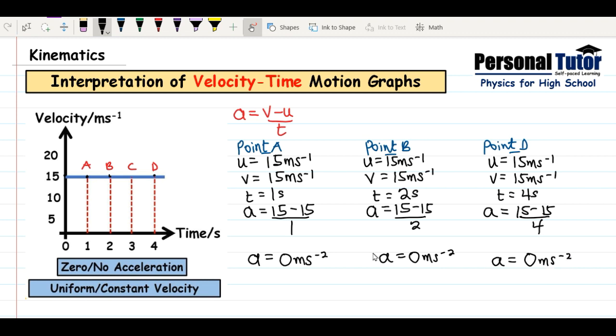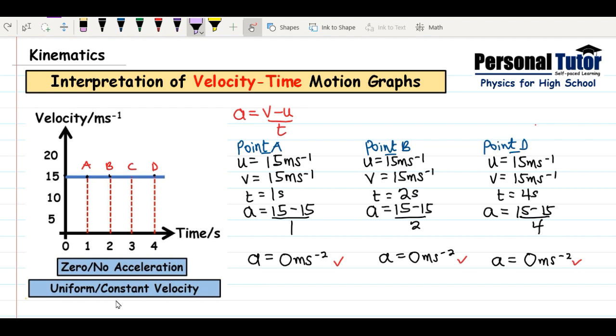meters per second square. So now I believe you have seen why it is called zero acceleration, meaning when the acceleration is calculated at every instant, it is 0, meaning there is no acceleration.